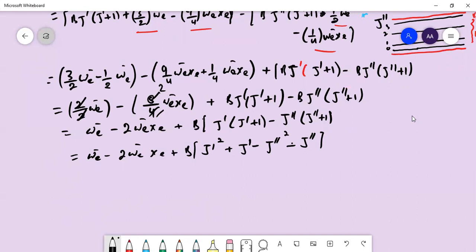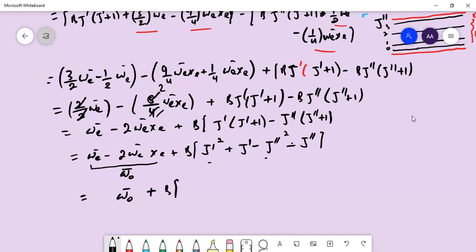Now, what I will do is I will substitute these two terms, omega e minus 2 omega e xe. Usually we have one equation like this, which is the fundamental absorption band, the equation for the fundamental absorption. I will substitute these two with your omega naught bar. So I will write omega naught bar in place of these two, plus then again I will combine the similar terms, that is the square terms, that is b.